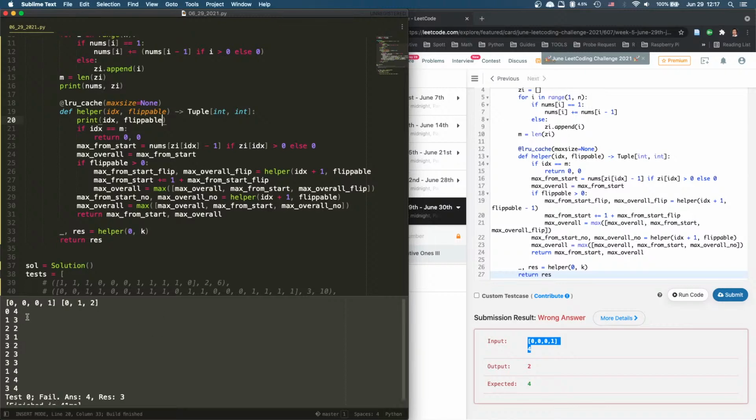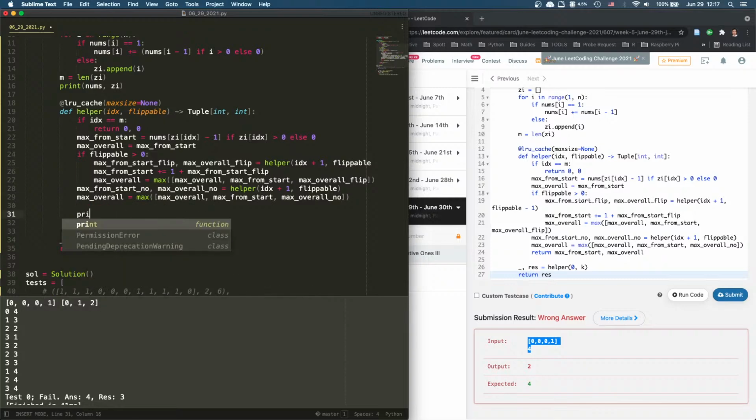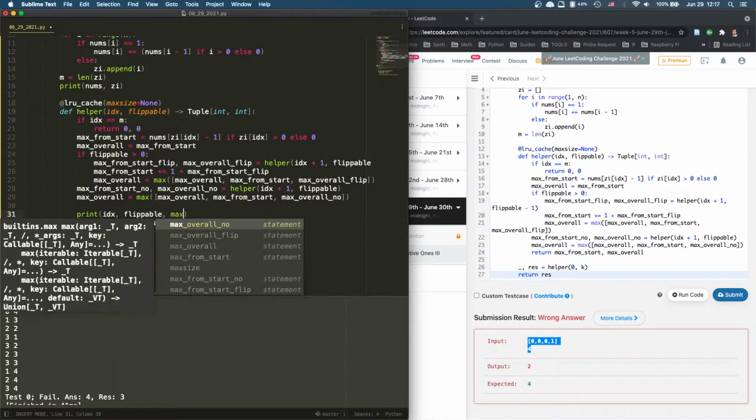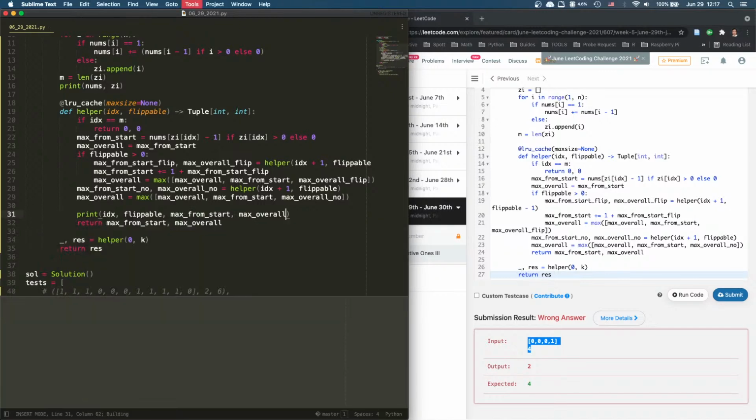So 0, 4, 1, 3, 2, 3. That's fine. Let's go here. I want to print index flippable and max from start and max overall, to kind of observe.